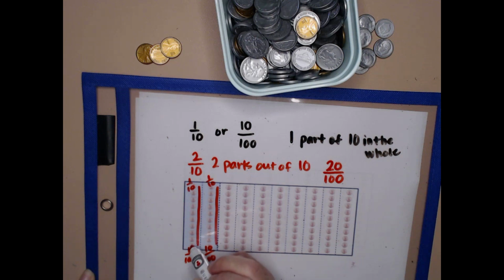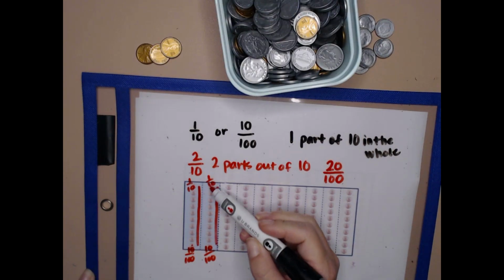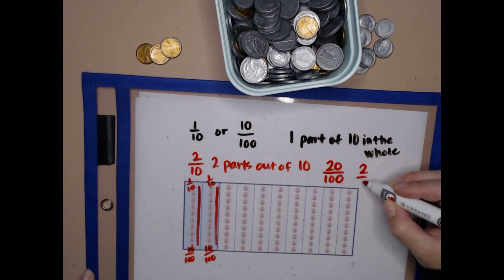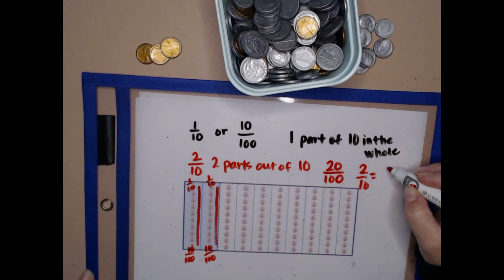If I'm talking about the pennies, I'm saying there are 10 out of 100. There are 10 out of 100. So this would be called 2/10, which is 2 parts out of 10, or 20 hundredths, which is 20 parts out of 100. They would be equal. 2/10 is really the same as 20 100ths.